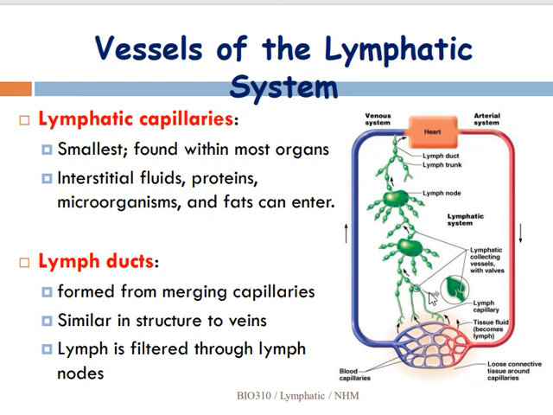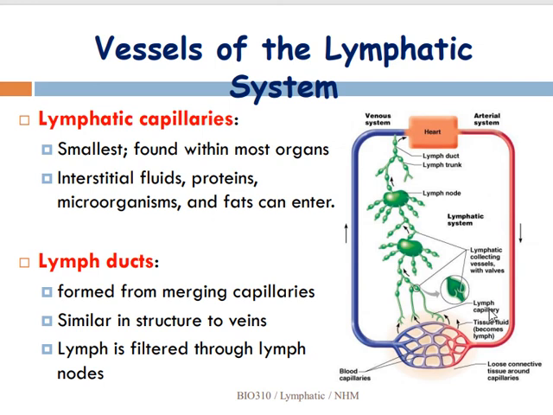Meanwhile, the lymph duct over here, the one that is very close to the heart, is formed from the merging capillaries. As you can see here, there are lots of lymph capillaries, and they will transfer all the fluid, or the lymph, into the lymph nodes, and then all the filtered fluid later will turn back into the blood system through the lymph duct, merging from several lymphatic capillaries.